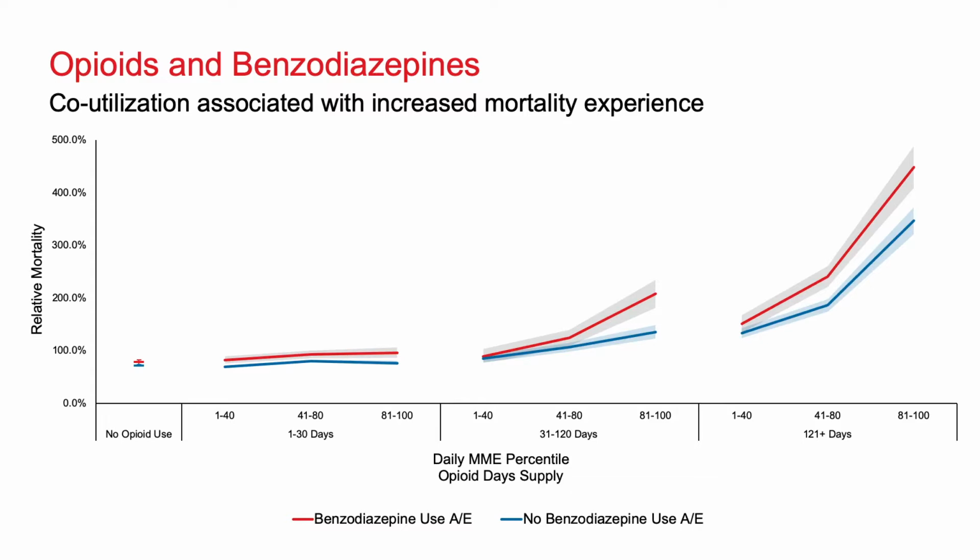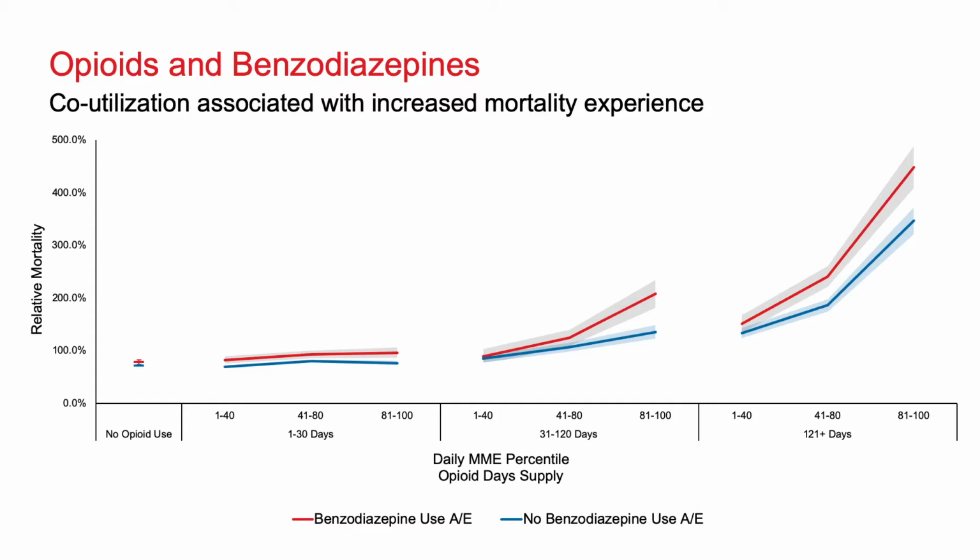The final thing that we looked into was the interaction between opioids and benzodiazepines. According to the National Institute on Drug Abuse, more than 30% of opioid overdoses also involved benzodiazepines. For this reason, RGA was interested in examining the relationship between opioids and benzodiazepines and all-cause mortality. What we found is that individuals prescribed benzodiazepines consistently observed increased mortality results compared to those without a prescription of benzodiazepines.